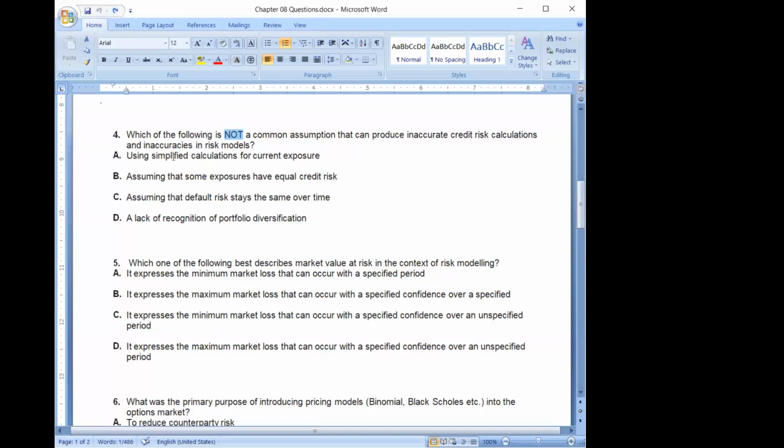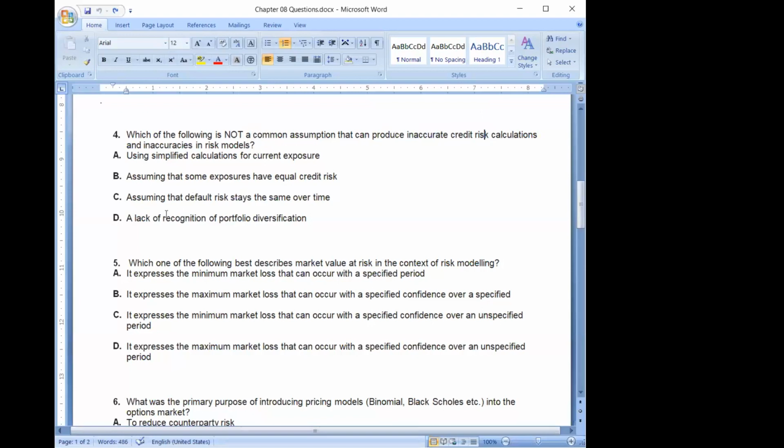Using simplified calculations for current exposure, assuming that some exposures have equal credit risk, assuming that default risk stays the same over time, lack of recognition of portfolio diversification. Not a common assumption that can produce inaccurate credit risk calculations, right?